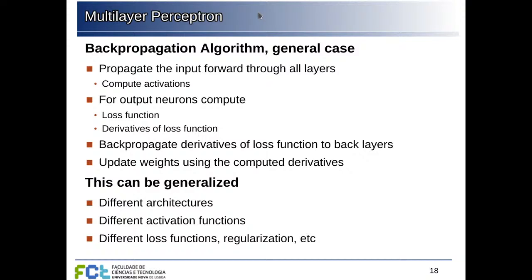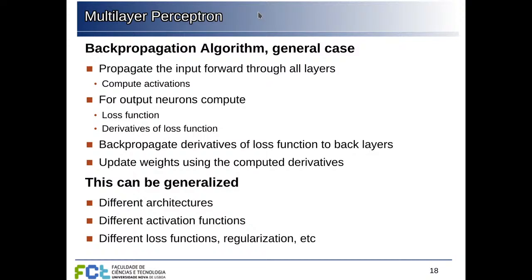Then for the output neurons, we compute the error, the loss function, and as long as all the activations and loss functions have derivatives that we can compute, we can backpropagate these derivatives back through the whole network in order to find out how to adjust the parameters.